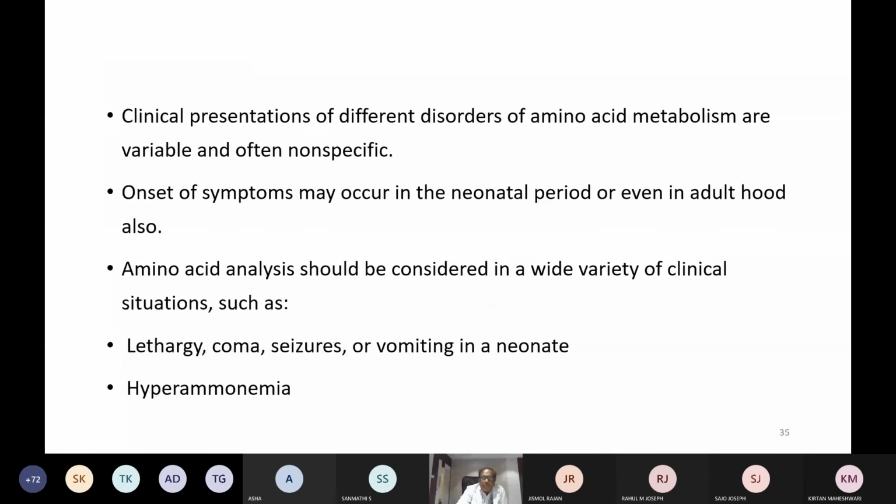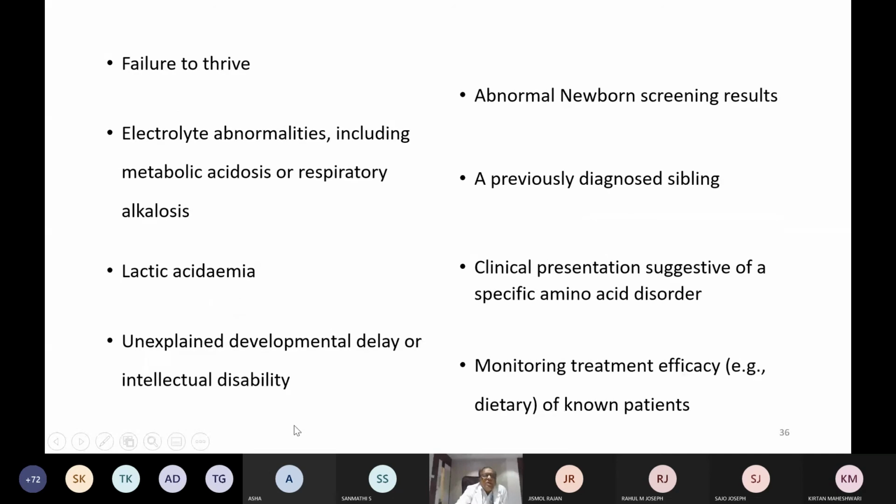The clinical situations in which the clinician may ask for the amino acid chromatography are a coma condition, vomiting, hyperammonemia and failure to thrive, electrolyte abnormalities, lactic acidemia, unexplained developmental delay or intellectual disability, or abnormal newborn screening results.